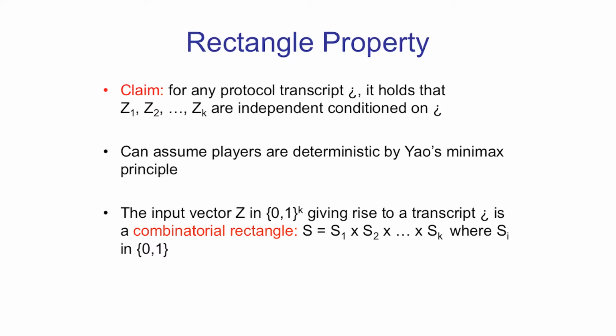The claim is just generalizing the two-player rectangle property I described on the previous slide: the set of inputs that go to a transcript tau has the following combinatorial rectangle structure, that the set of preimages of tau is S1 cross S2 cross ... cross Sk, where each Si is a non-empty subset of {0,1}, the inputs to the ith player.